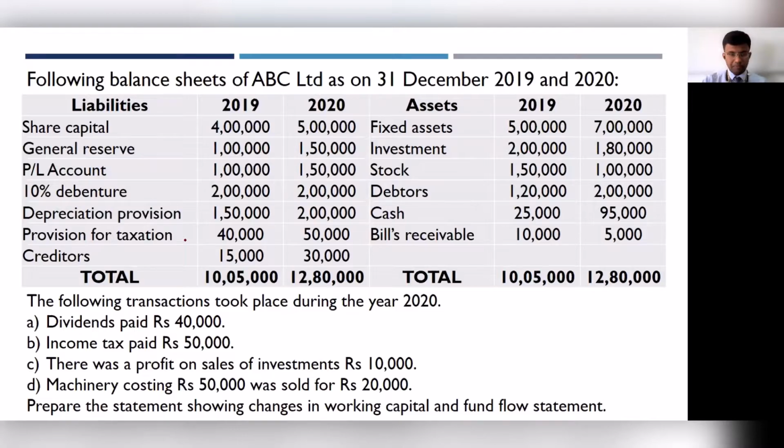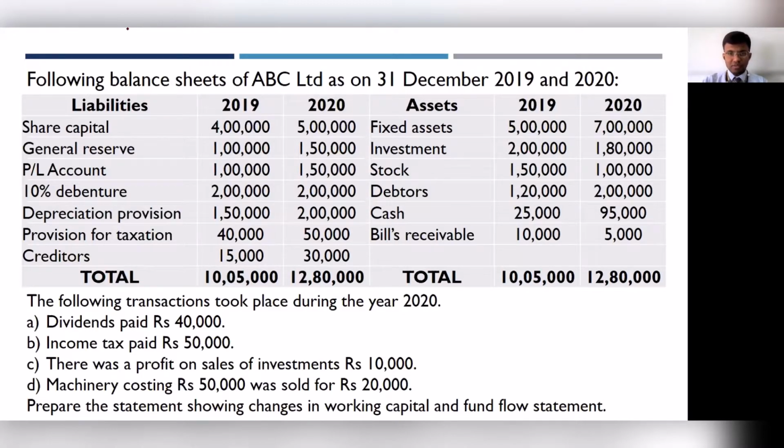Provision for taxation, notice there is a change, and we also have some changes with respect to income tax. So for this also, we will have to prepare a ledger account. Creditor, this will go into your schedule showing changes in working capital.